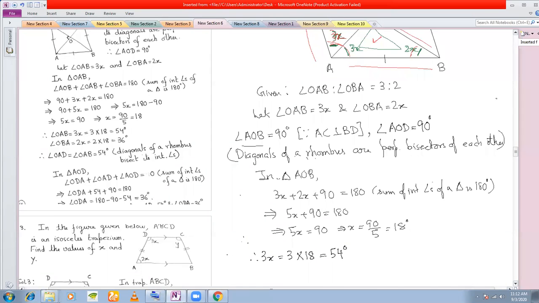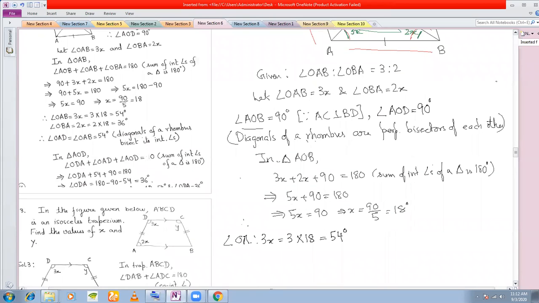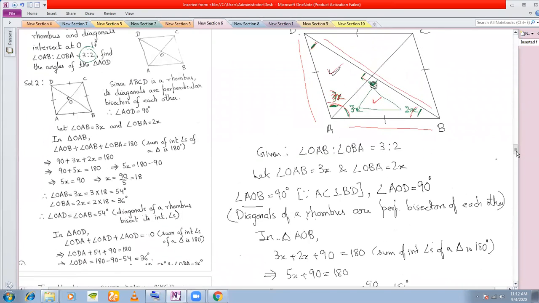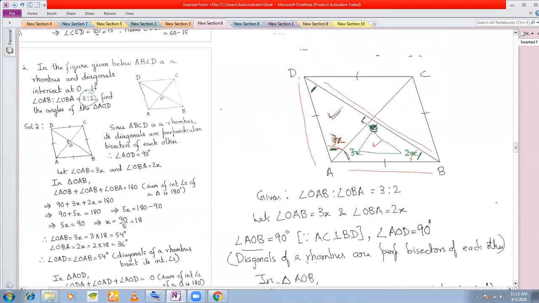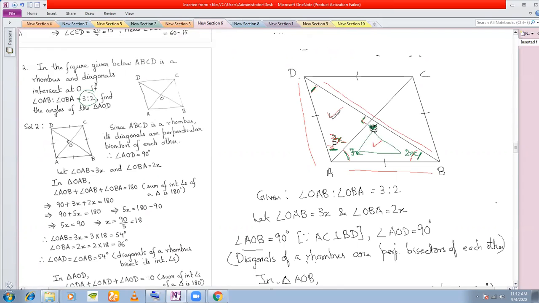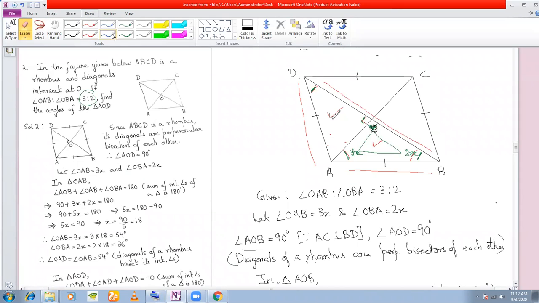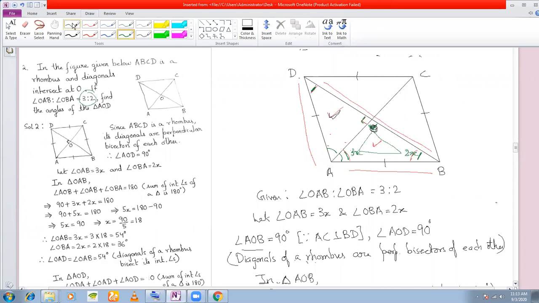Let's write the name of the angle, angle OAB. Angle OAB is equal to 3x. Also, as I told you, we have found out this angle 3x. Now these two angles are equal because the diagonals of a rhombus bisect the interior angles of the rhombus.